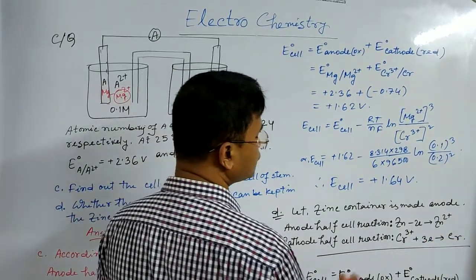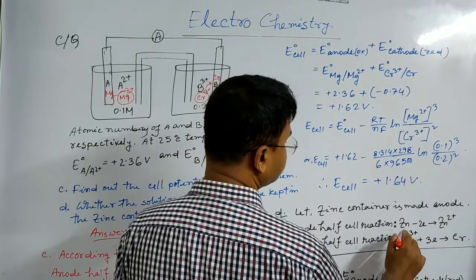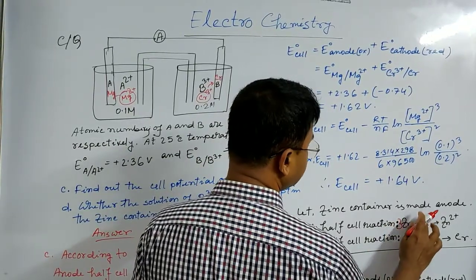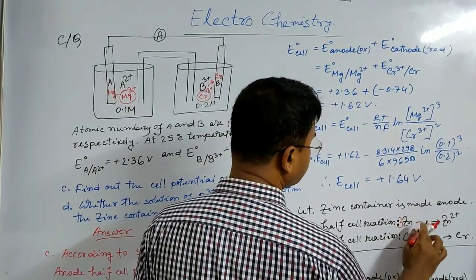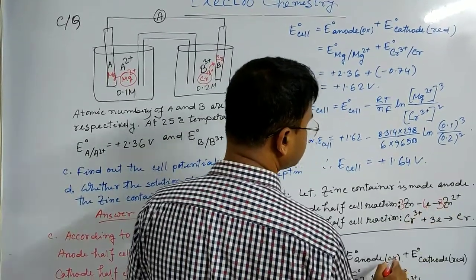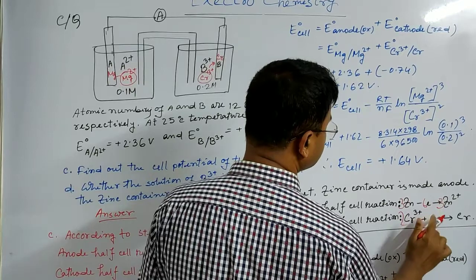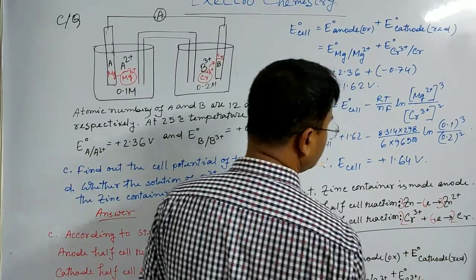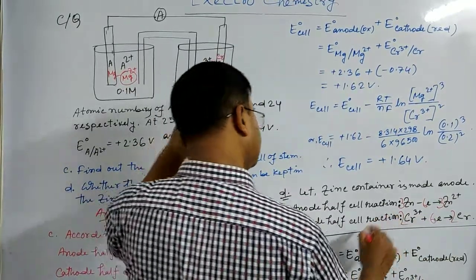My dear students, to balance it, I have to multiply the equations by 3 and 2, giving 6, 6, 2. Then what will be the cell reaction?